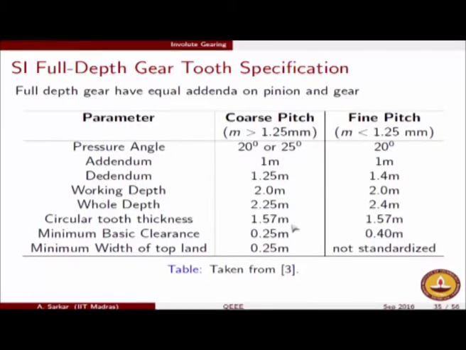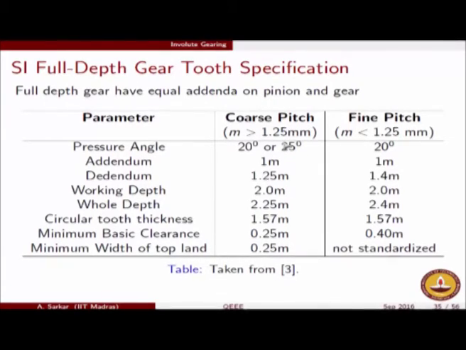For module less than 1.25 millimeter, you will recall the pitch is nothing but diameter divided by number of teeth. So fine pitch essentially means a larger number of teeth. For the same diameter of the gear you have a larger number of teeth. That is what we call a fine pitch gear. The exact qualification of it is this. If your question is why have they selected 1.25 millimeter and not, let us say, 2 millimeter or 1 millimeter, that is a part of standardization.